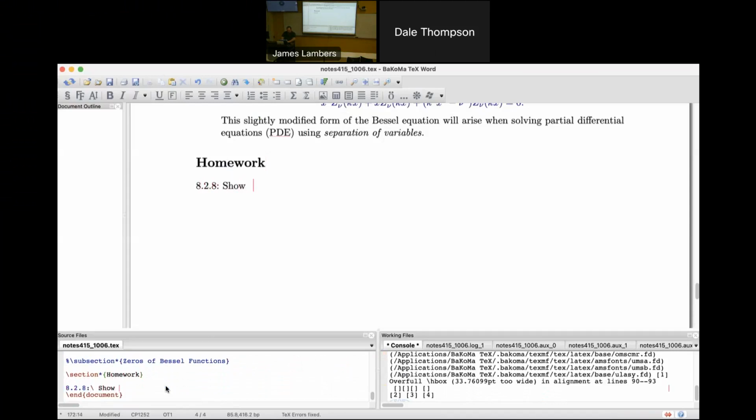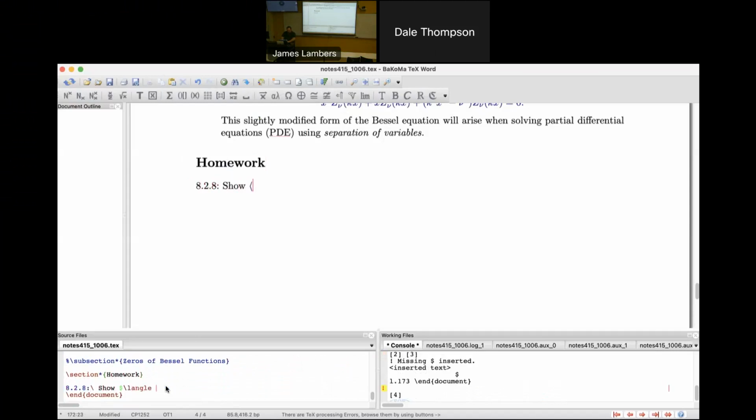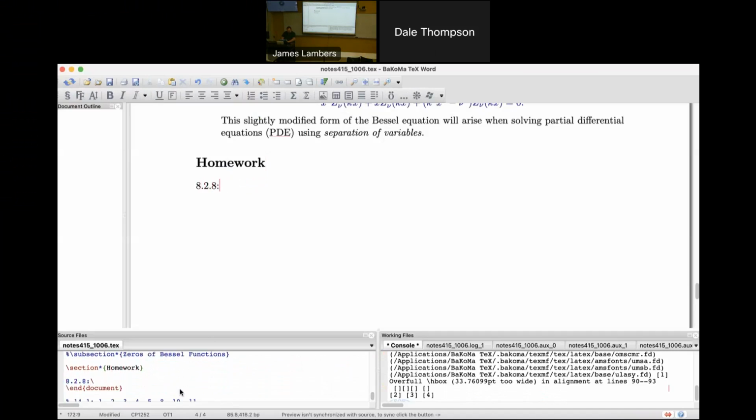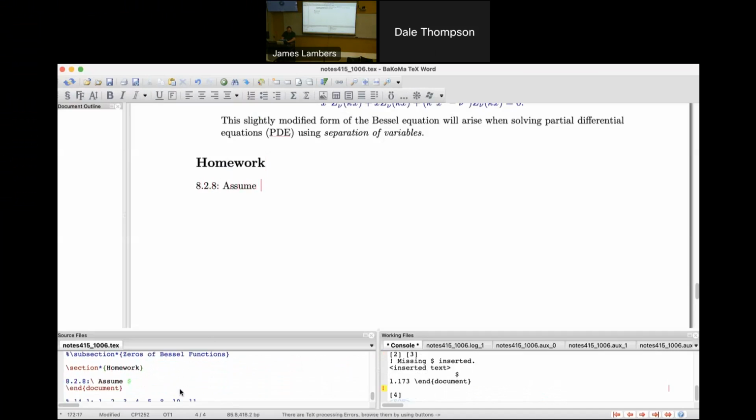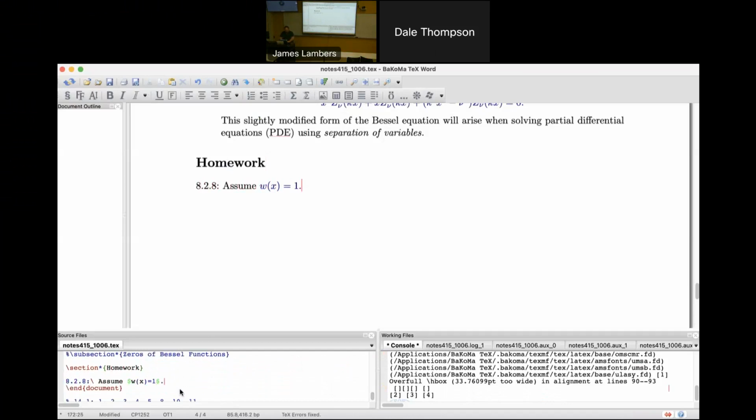All right, so we'll show that the scalar product of u_m prime and u_n prime is 0 when m is not equal to n. I'll write this in the goal. First thing, I'm going to make an assumption. Assume that the weight function, given the original, we're supposed to use, is 1, as I'm really not sure what it's doing yet.